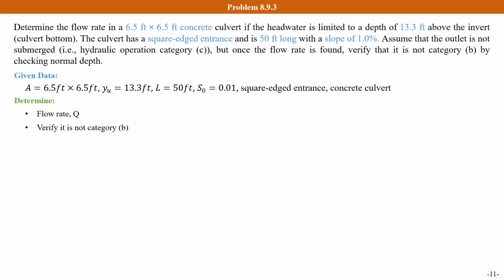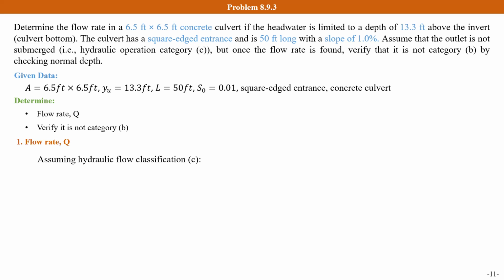We need to assume that the outlet is not submerged. For instance, we can assume that the flow satisfies category C. But once the flow rate is found, we need to verify that it is not category B by checking the normal depth. So first, let's calculate the flow rate.